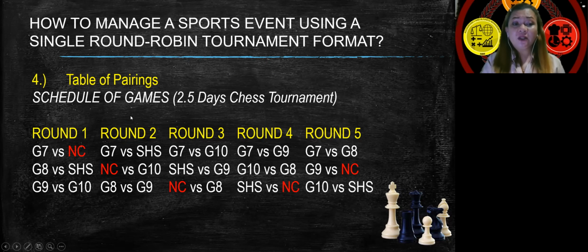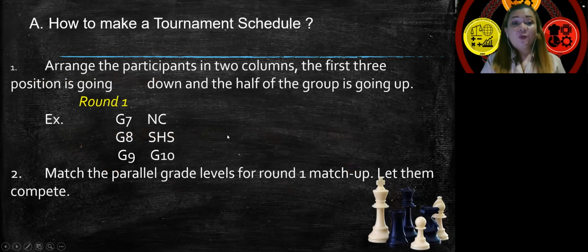Now the question is, how do we create this schedule? Yes, we will now proceed on how to create a tournament schedule. First, you are going to arrange the participants in 2 columns.